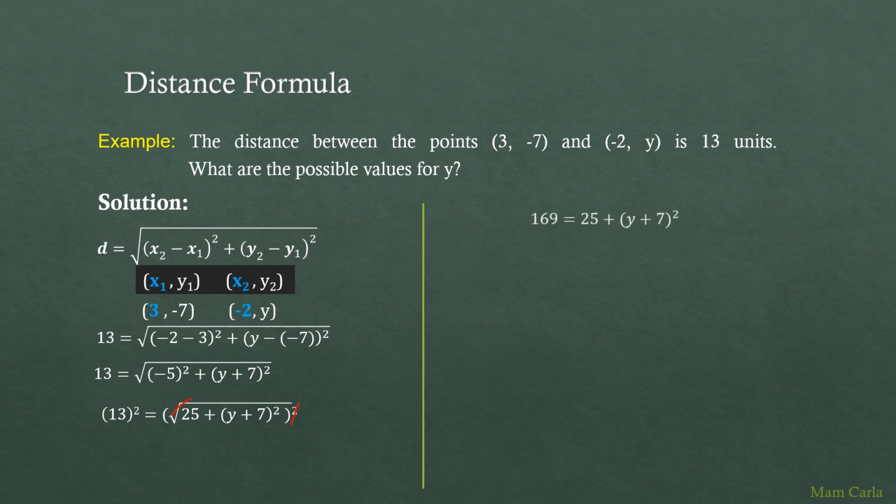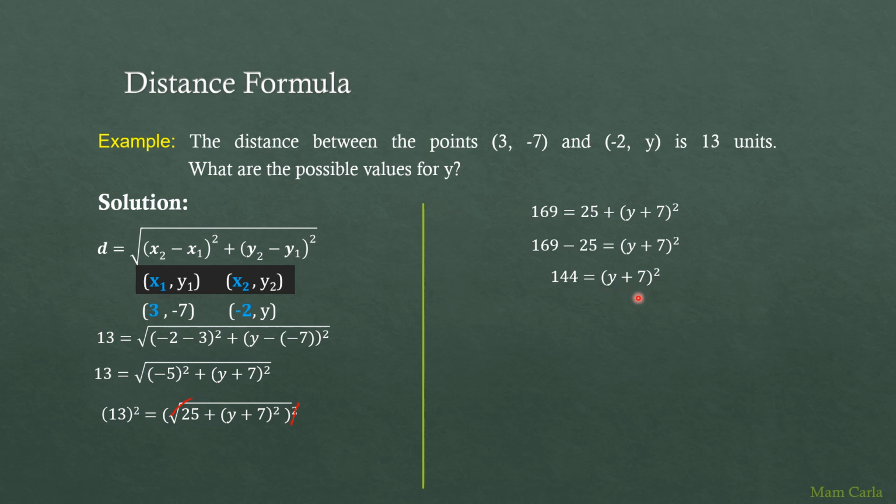So the next line becomes 169, which is the square of 13, equals 25 plus (y plus 7) squared. Now we simplify, moving 169 and 25 to the left side of the equation. The next line becomes 144 equals (y plus 7) squared.